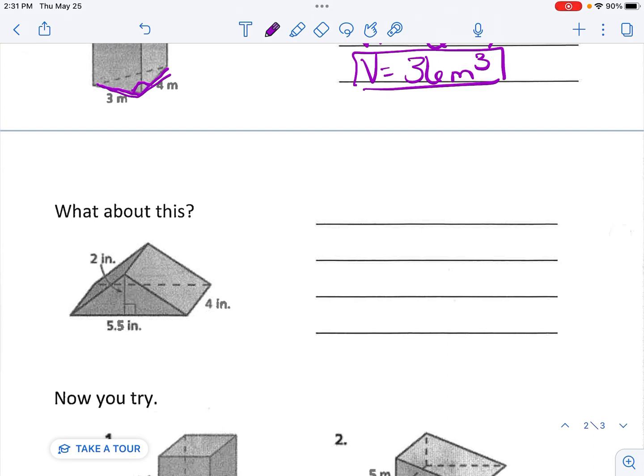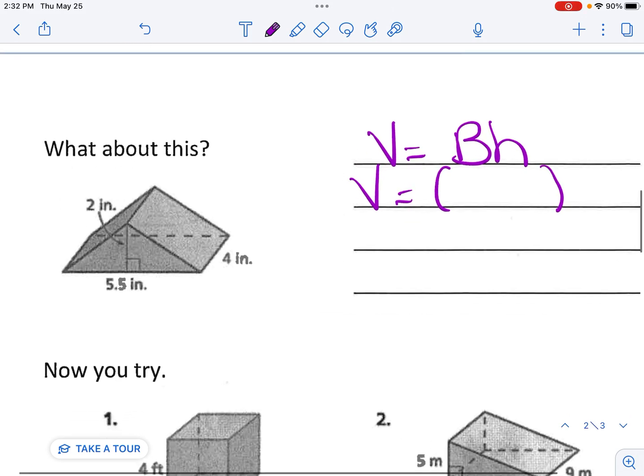Okay, let's do another one. Area of the base. Again, this is a triangular prism. Look for the right angle. The base is 5.5. The height is 2.